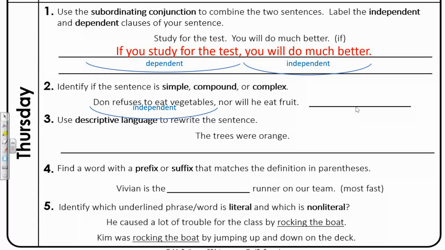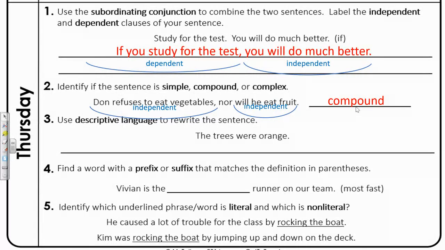You're just going to look at, will he eat fruit? Okay, and that part is an independent clause. Will he eat fruit? Okay, that is a complete sentence by itself. All right, therefore, when you have two independent clauses joined together, that is a compound sentence.